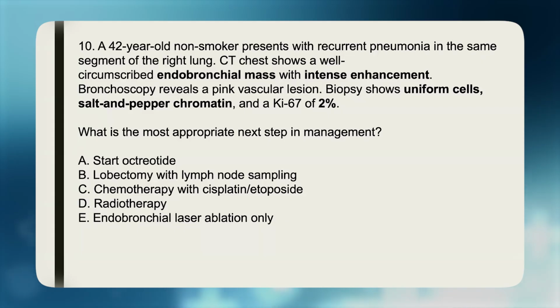So you have to diagnose the condition of the cancer, and give the answer of the treatment. What is the best step in the management? What do you think this is? What kind of cancer is it?